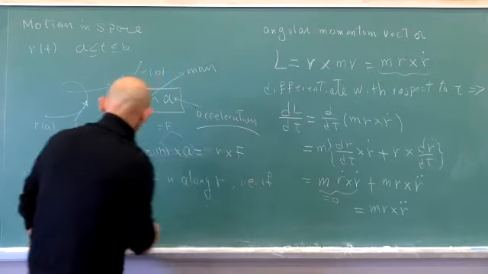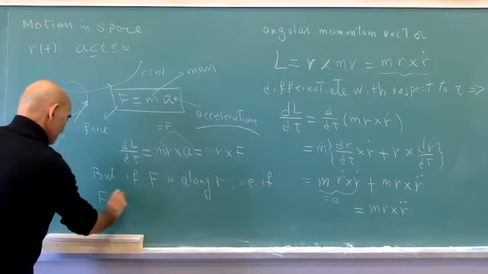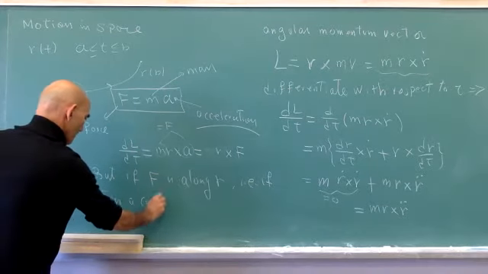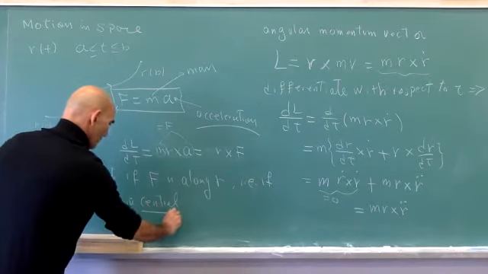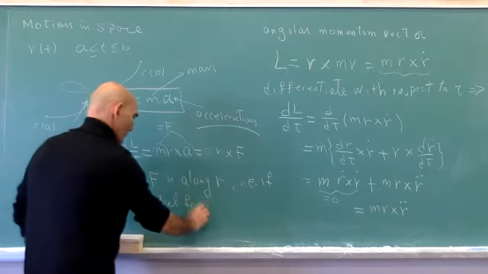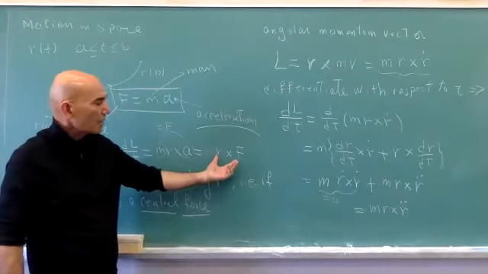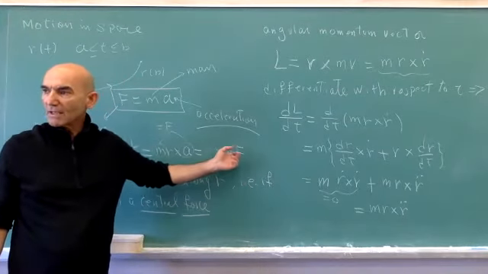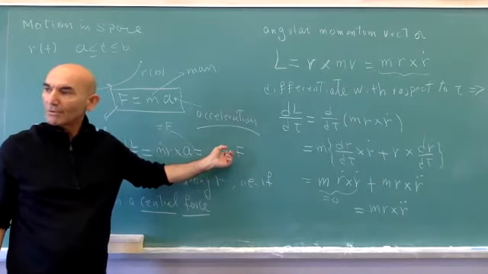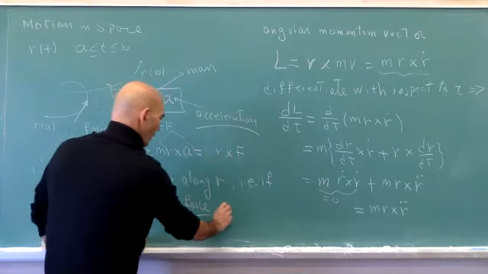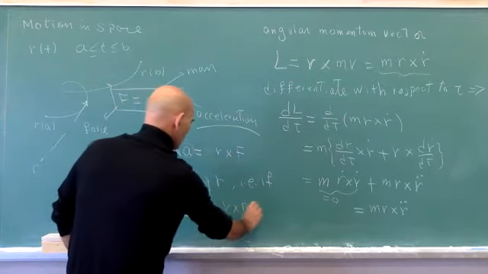If F is a central force, then what can I say about r cross F? F is along r, right? So then this is zero. So r cross F is equal to zero.